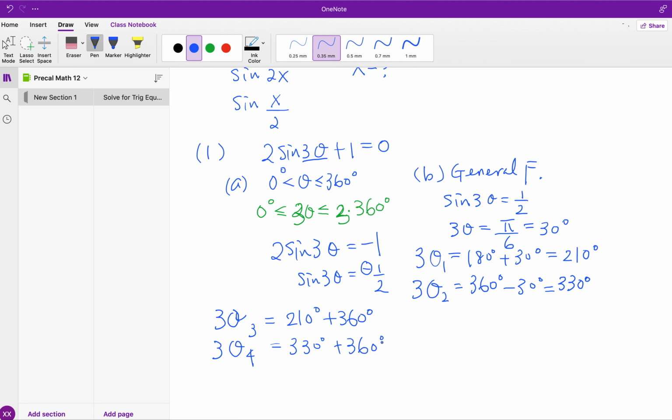On top of that, we still have another 2, because if it's in one 2 pi we have 2 solutions, then in three 2 pi's we have 6 solutions here.